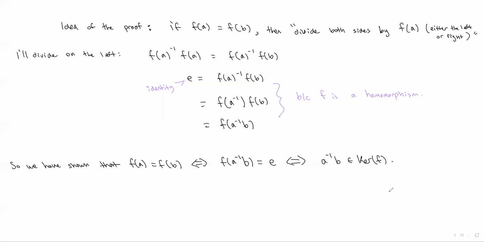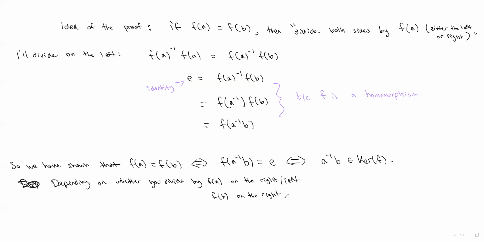And depending on whether you divide by f of A on the right or left, or f of B on the right or left, you get the other equivalent conditions, which are that B A inverse is in the kernel of f, A B inverse is in the kernel of f, or B inverse A is in the kernel of f.